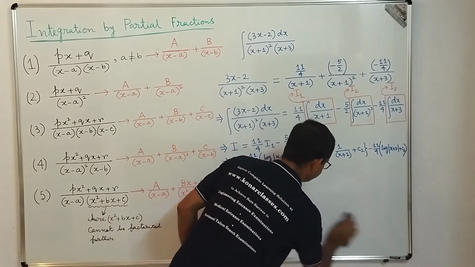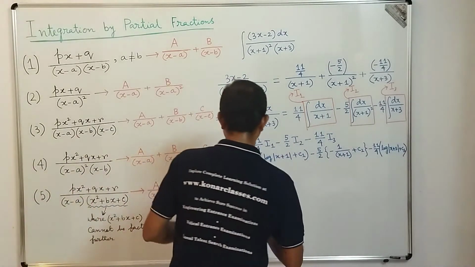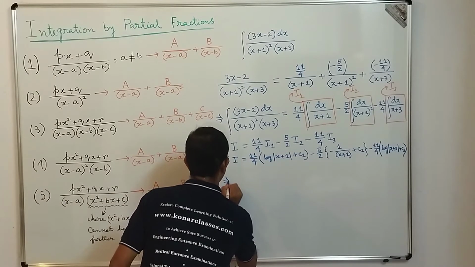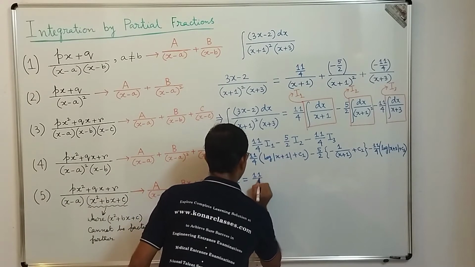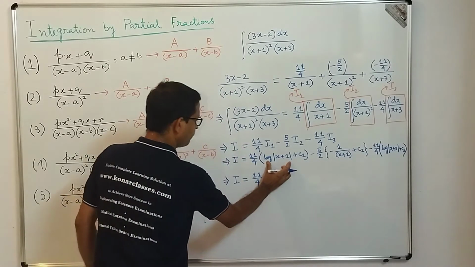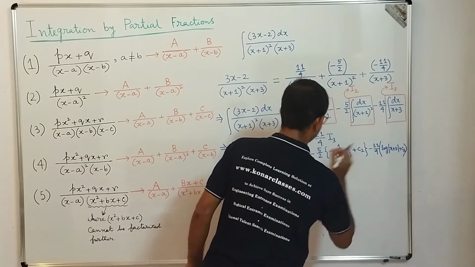Now if we clean this portion, what are we going to get, dear students? This implies that the given integration I is equal to 11 by 4 log of mod x plus 1 minus 11 by 4 log mod x plus 3.